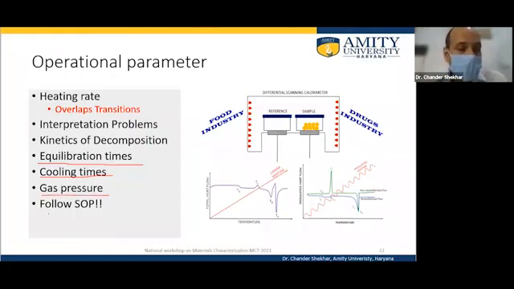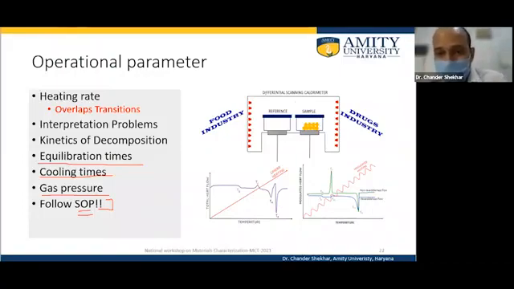Gas pressure is important in order to flush out the gaseous byproducts that are generated. And the most important thing is that the standard operating procedure of the instrument should be followed all the time.